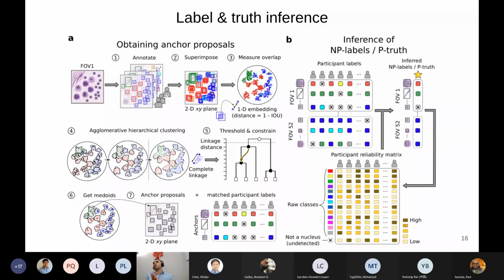Other than that, they didn't find any systematic difference between things like expectation maximization and Gaussian processes and a lot of these other techniques for inferring truth. And they found that expectation maximization, even though it's fairly old, is actually a quite robust method. I can share that work with you offline.